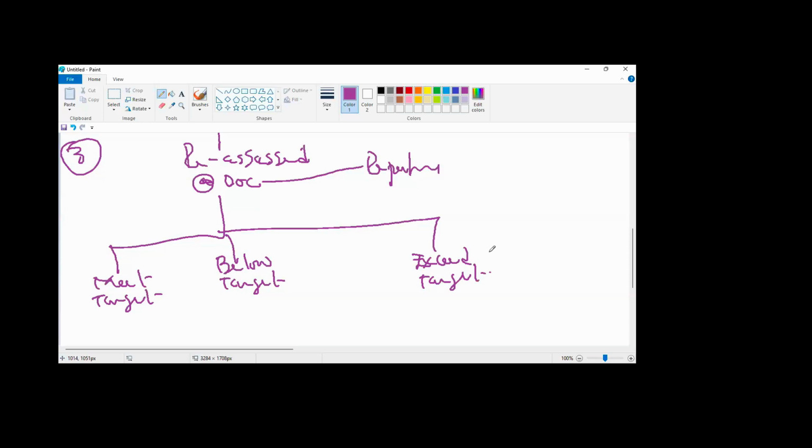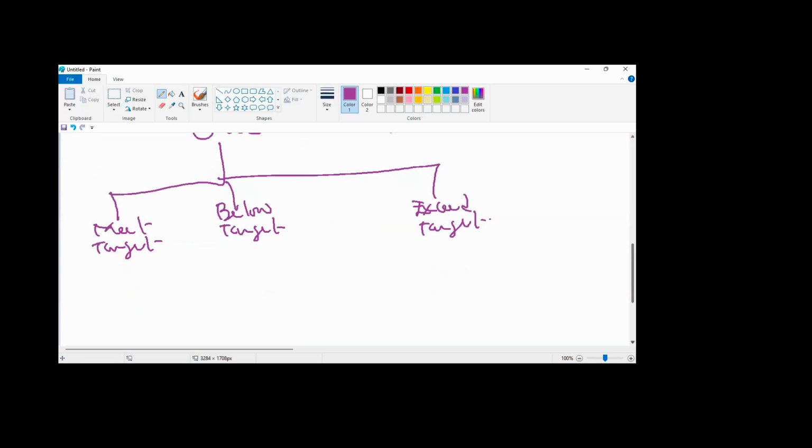Have you not seen people who say, my sister, I will marry you, provided you get pregnant? If you get pregnant, meet targets. If you don't, below targets.